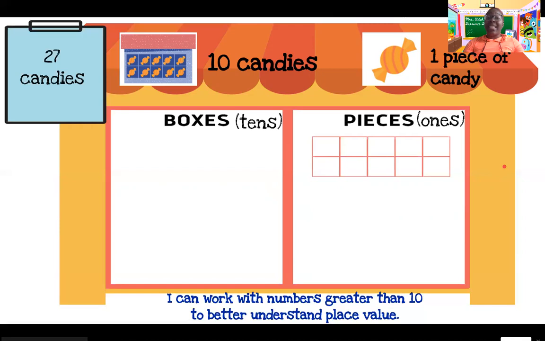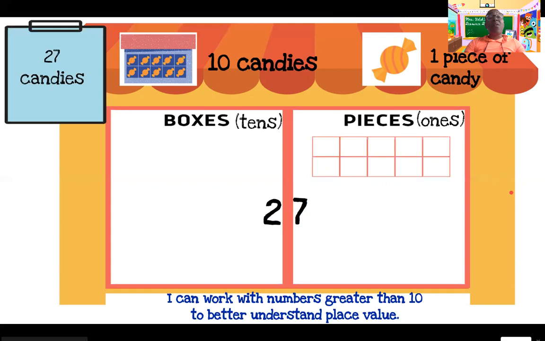Well, check out this easy way to figure that out. I'm going to take the number 27 and I am just going to split it right down the middle and put the 2 on my boxes side and the 7 on my pieces side. And that is because the number in the front represents our tens and the number in the back represents our ones.